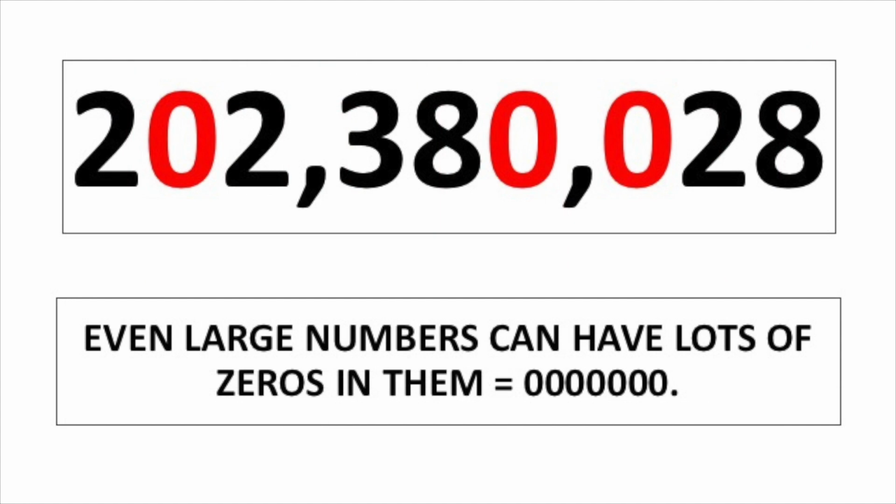Even large numbers can have lots of zeros in them. How many zeros are in this large 9-digit number? 3. Yes, you can see I've highlighted them in red. And even though they're 0, they still need to be there because they act as what we call, guys, placeholders.